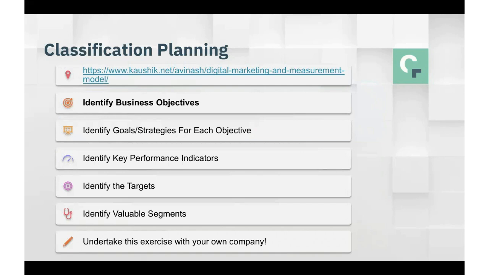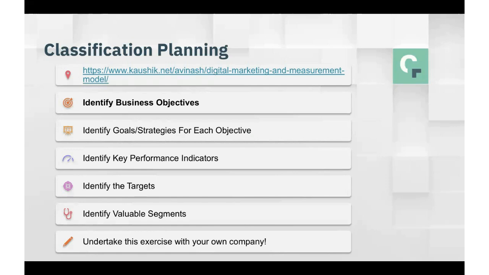The overall process of planning an implementation can be defined by the digital marketing measurement model on Avinash Kaushik's website. The first step, of course, being to identify your business objectives. After that, you can identify which technologies you need to achieve those, which is what's defined in the goals and strategies step.